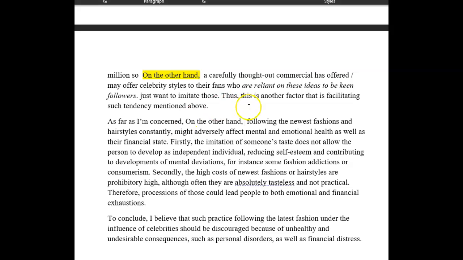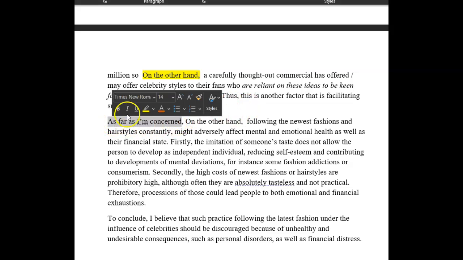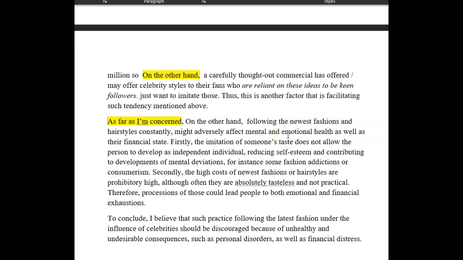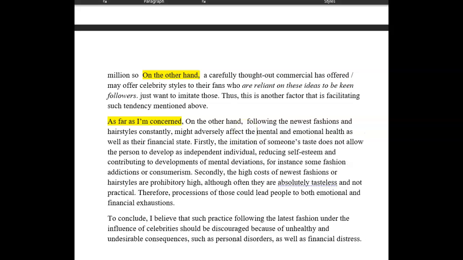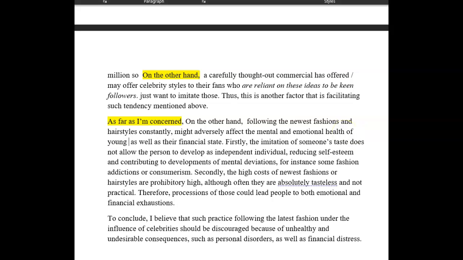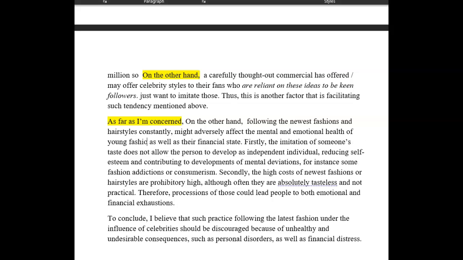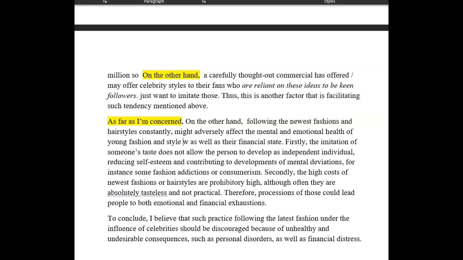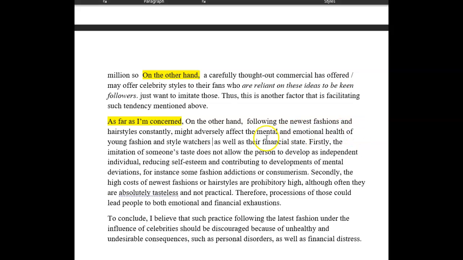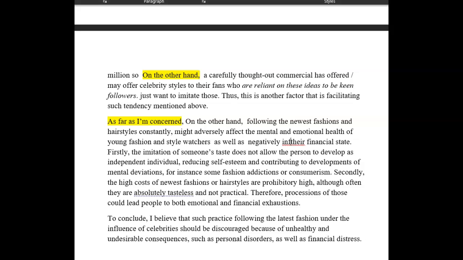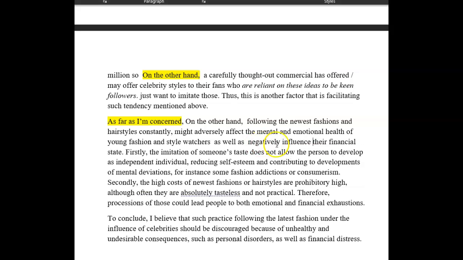Yeah? Following the newest fashions, so that is not right in here. Of the newest fashions and hairstyles constantly, no comma, might adversely affect the mental and emotional health of young fashion and style watchers, we can call them, as well as negatively influence their financial situation.